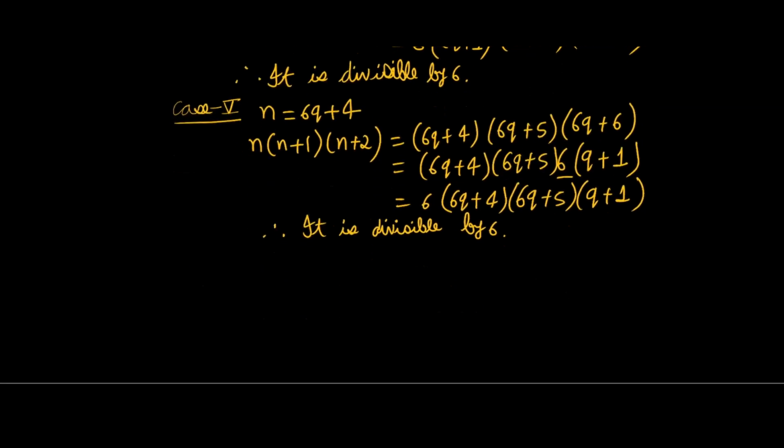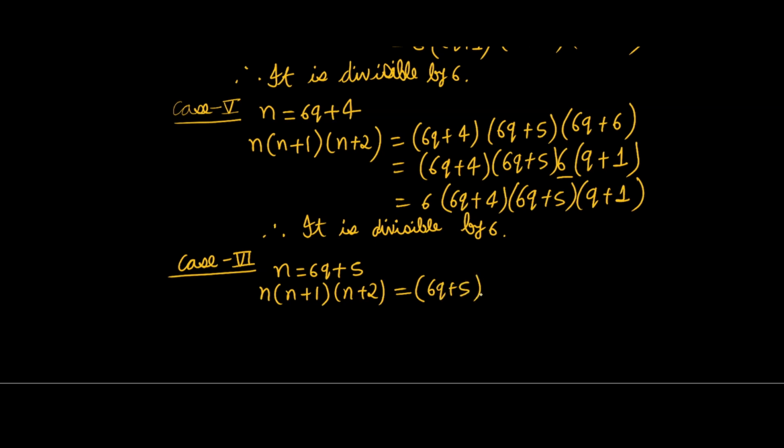So last case is case 6. n is equal to 6q plus 5. So n into n plus 1 into n plus 2. So n is 6q plus 5, and here is 6q plus 6, and here is 6q plus 7.